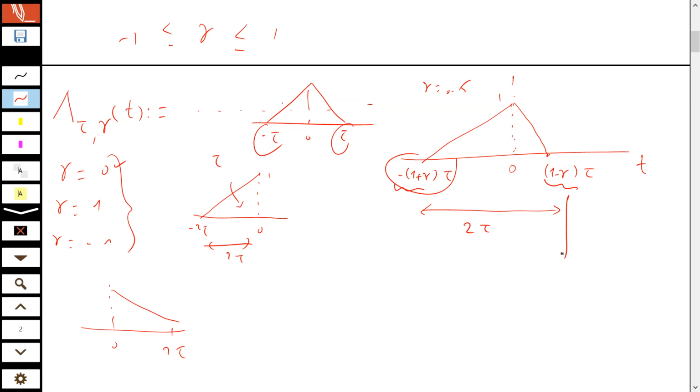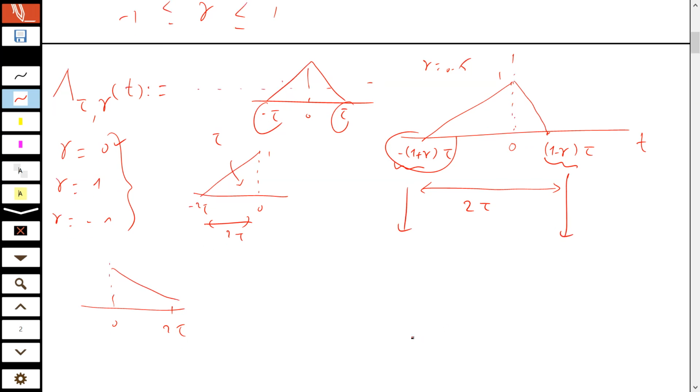So what if we require a modification of this diagram so that we have tau here and we have minus tau here? We still need this skewness. It will still be skewed. So we are not removing the skewness. It will be skewed in the same way, but we want the right side to be tau and the left side to be minus tau.